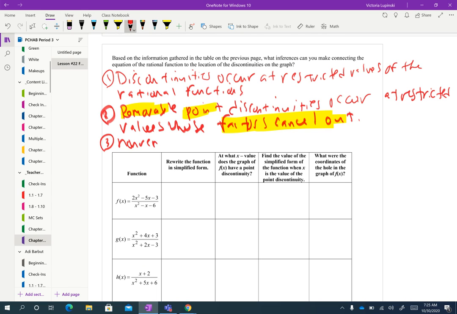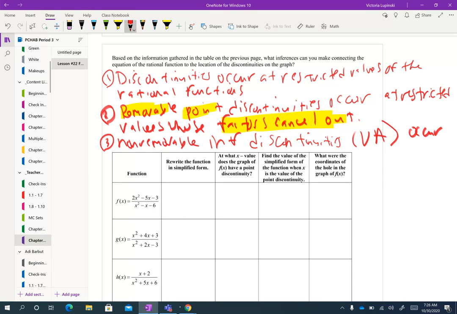Where non-removable infinite discontinuities, and again, those are your vertical asymptotes. We're going to start calling them more vertical asymptotes in the next few lessons when we actually go ahead and start graphing them.